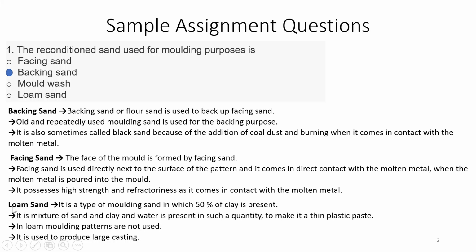Loam sand is the type of molding sand in which 50% clay is present. It is a mixture of sand and clay, and water is present in such a quantity as to make it a thin plastic paste. In loam sand, patterns are not used, and it is used to produce large castings.